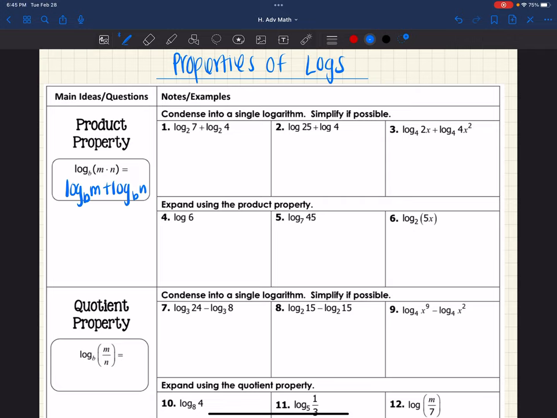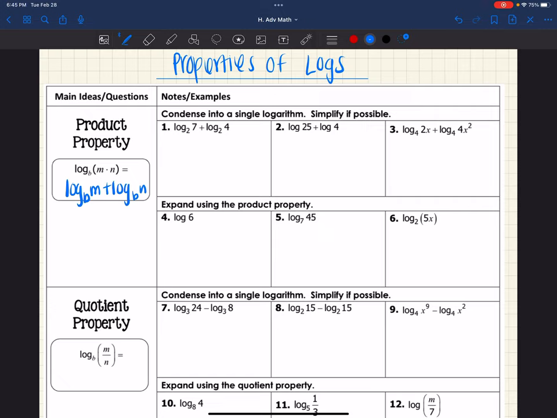When you're multiplying, you add the exponents. When the 2 logs are being multiplied, you can expand them as the sum of the 2 logs. Okay, we're going to do some quick examples on that. And like I said, you use these rules to either condense or to expand. So I'll do about one of each, and then we'll go on to the next one.